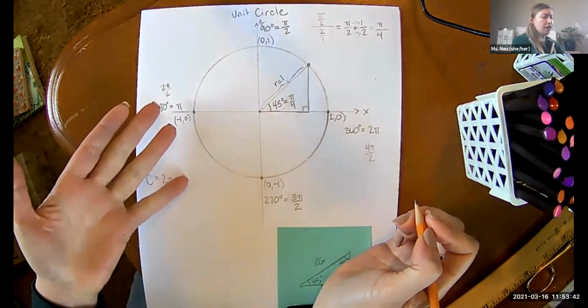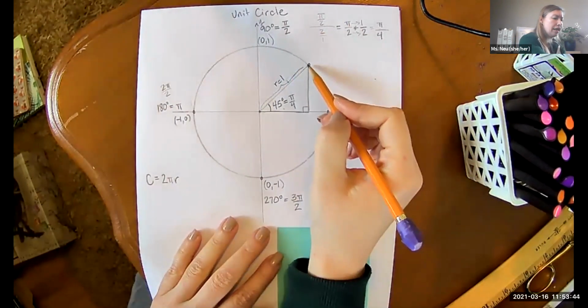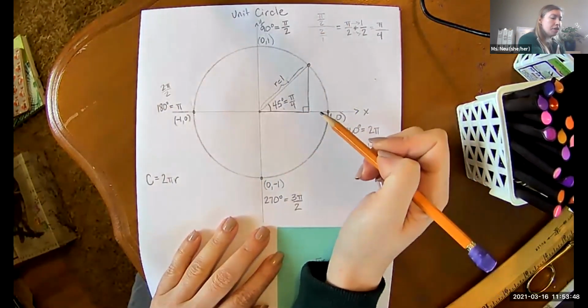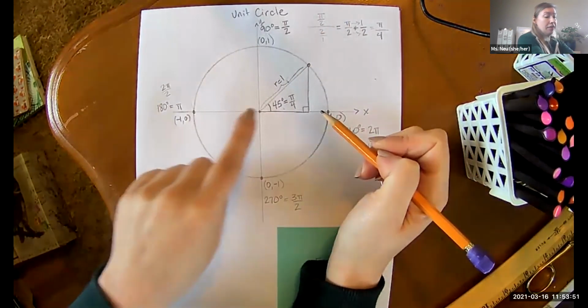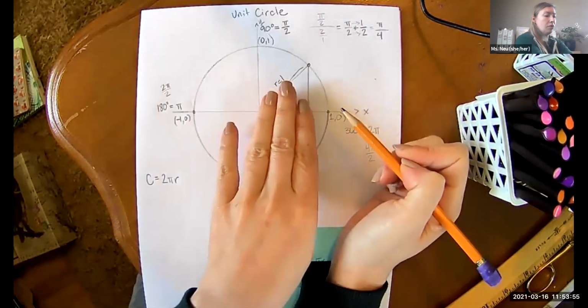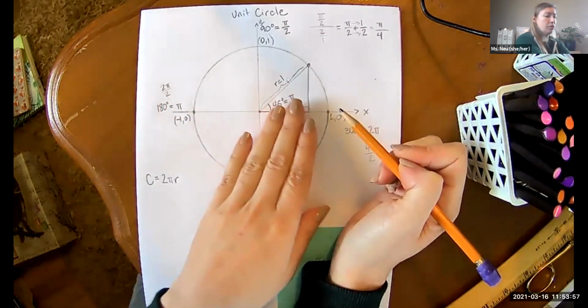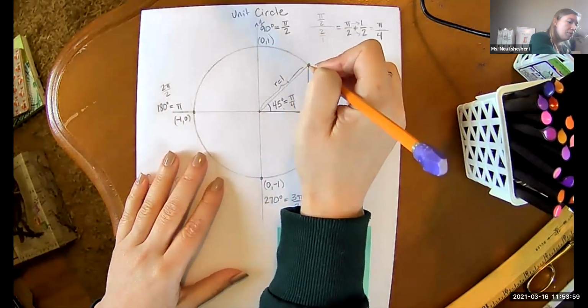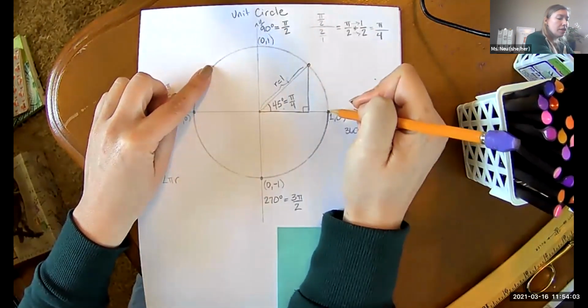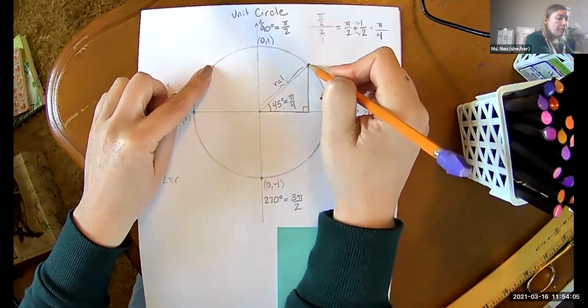How would I find the other related angles to pi over 4, right? Well, we could just transform it. We could flip it over the y-axis, reflect it over the y-axis, and we would get our next one. So here, I'm going to count this. This is 1 pi over 4.